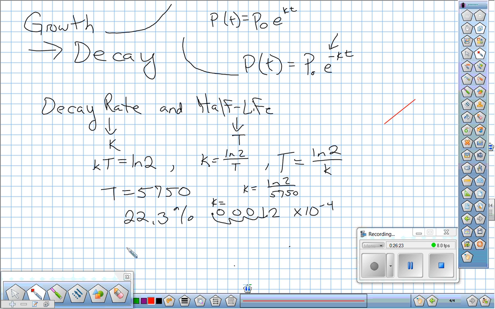If I'm told that I'm using carbon-14 dating, I can write P of T equals my initial amount times e to the negative 0.00012 times t. You can use this now for any carbon-14.